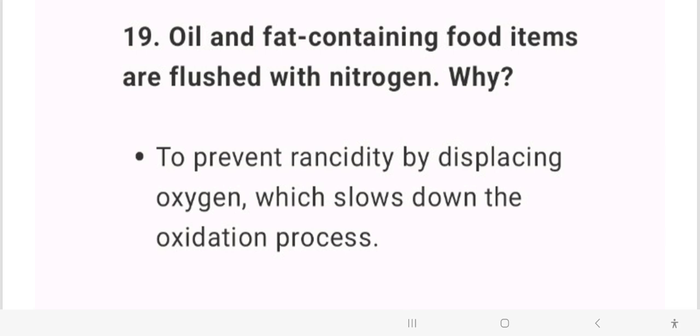So to prevent this problem, oil and fat containing food items are flushed with nitrogen. Then we can prevent this by displacing oxygen, which slows down the oxidation process, and we can maintain the freshness of the food.